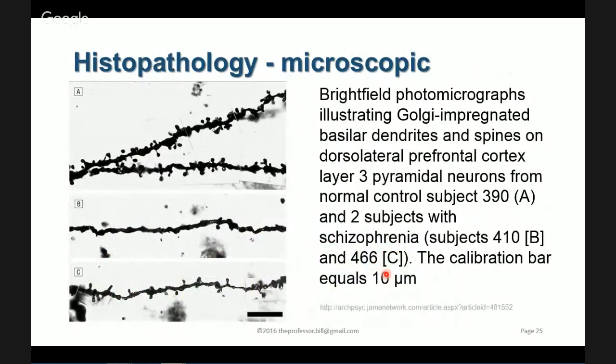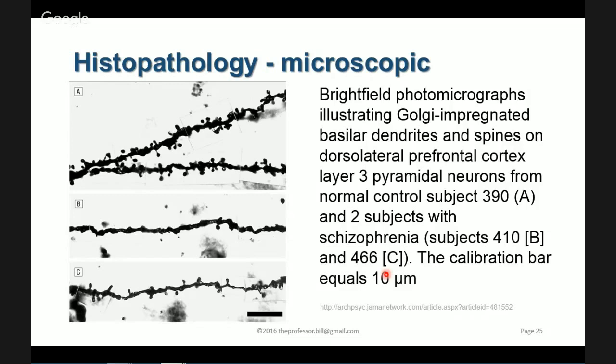And again, this represents at the top a normal individual's dendrites as well as spines. And each one of these little mushroom shapes that you see coming off of this dendritic structure is what we would normally expect to see in layer 3 of the cortex.